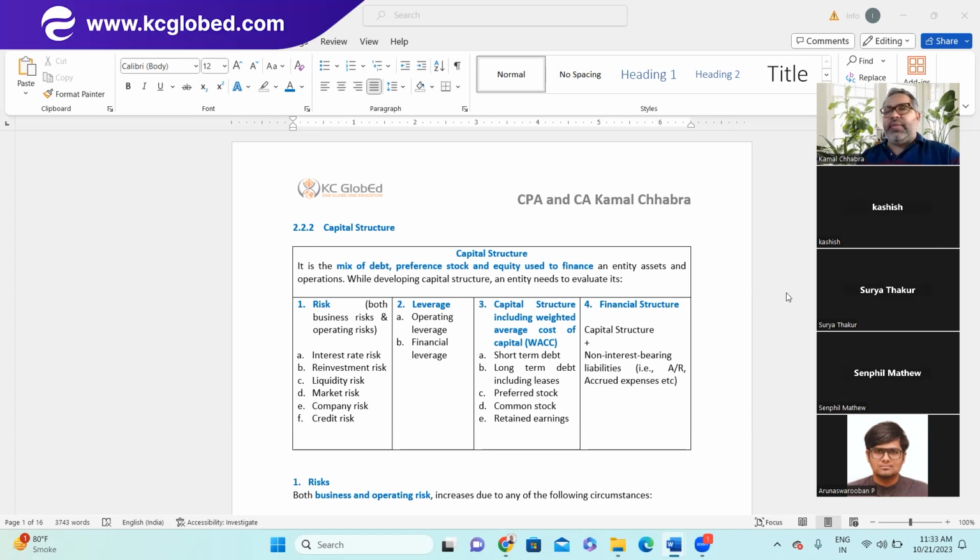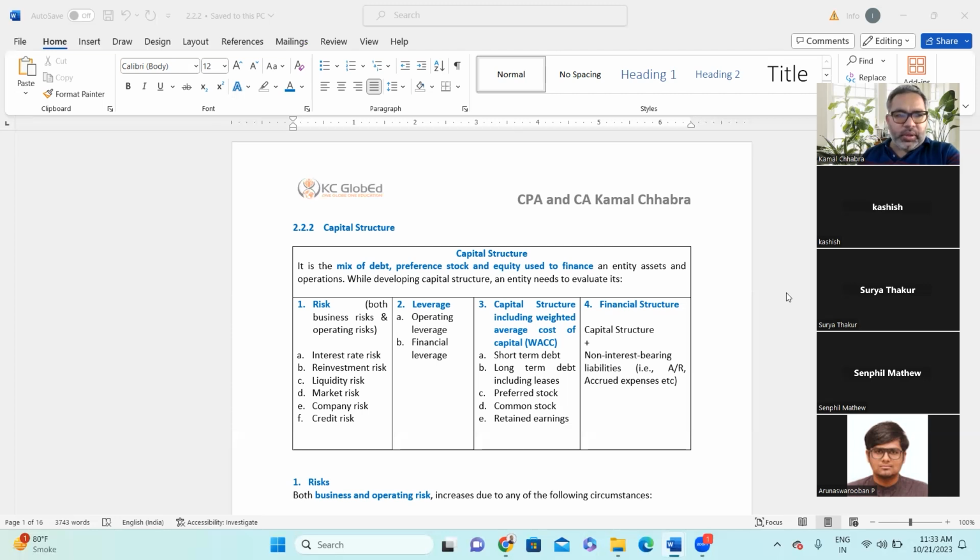Second is reinvestment risk. That means, for example, if you have taken a loan and now you want to reinvest it into some other activities. For example, if you are an investment company, you may have taken a borrowing from a bank at the rate of 6%, 7%, 8%, and you are investing that money into equity, mutual funds, or startups, or other categories of investment, where you see that money can generate more and more interest.